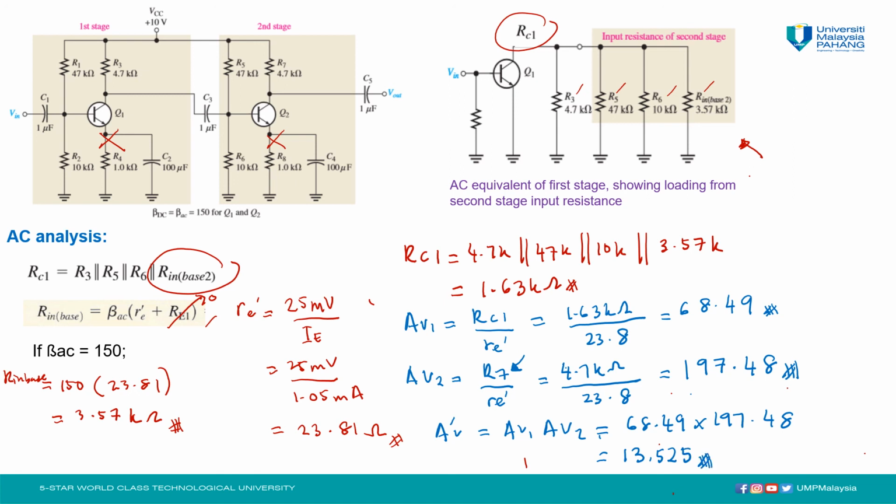This is the overall voltage gain. If we convert it into dB, we will get 82.6 dB. So that's all for the capacitively coupled multi-stage amplifier. Thank you.